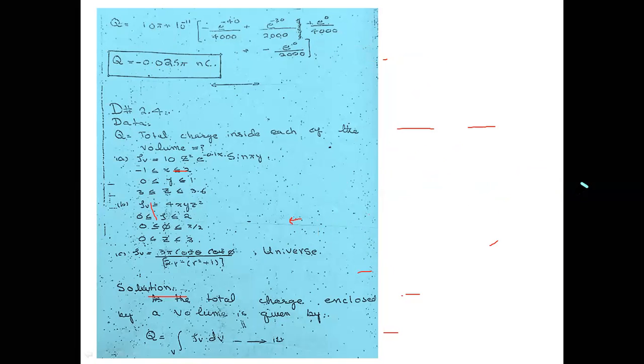Now we have another example, example 2.4 of the book, and this is the drill example actually. In this example we have three parts, A, B and C, and again this is an example for the volume charges. In part A we have x, y and z.